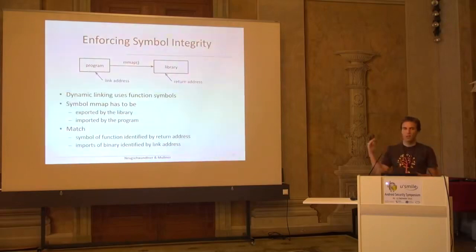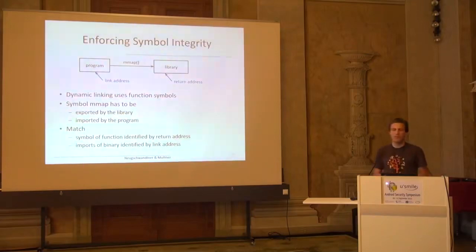So in libc, we can see that mmap is being used, and mmap is associated with the mmap export. We check that it also has been imported by the binary that has been identified by the link address. So if the program, for example, uses system, and system has never been imported by the binary to begin with, then this is also clearly not a valid invocation.